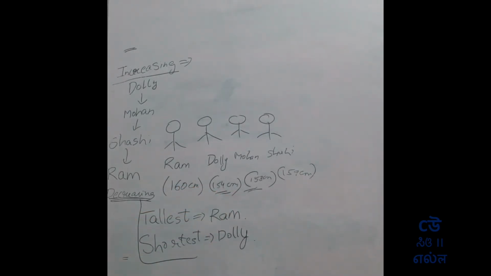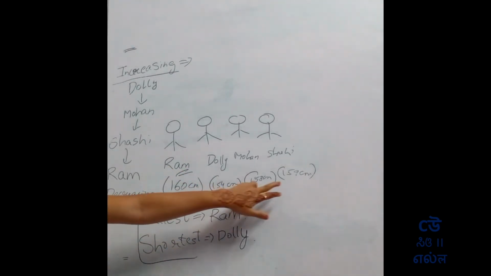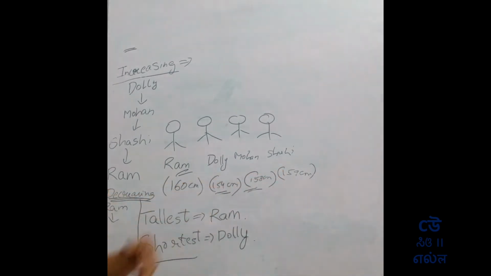Which is the biggest number? Ram. So Ram will be first. Then Ram is done. So next, after Ram, who should stand? Which is the bigger number after 160? 159. So whose name is that? Shashi. So after Shashi, who should stand? Mohan. After Mohan, who will stand? Dolly. Okay.